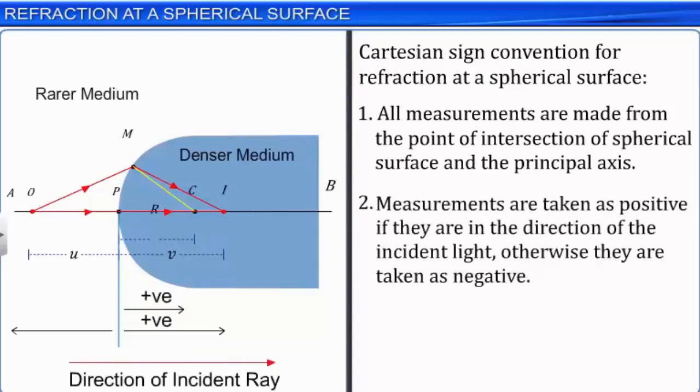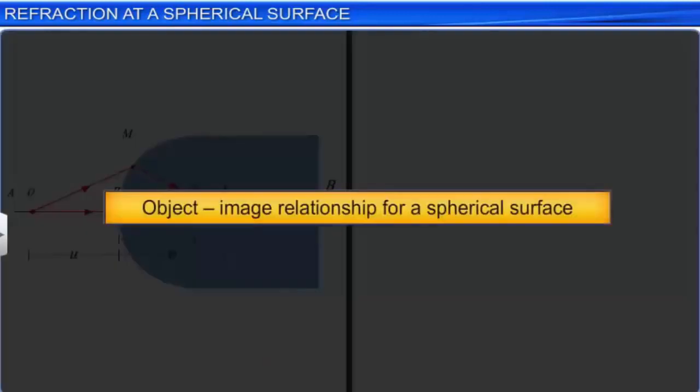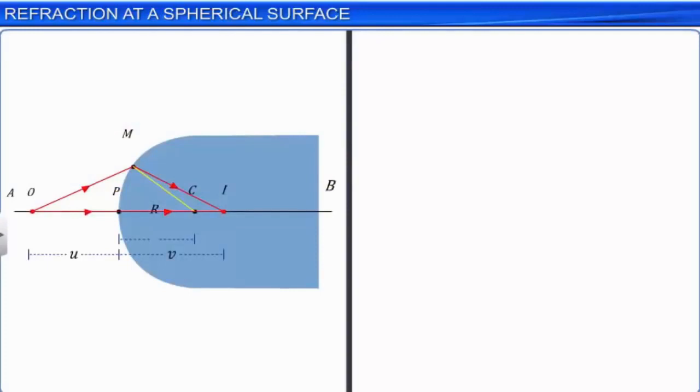Let us now derive an object, image relationship for a spherical surface. Let the refractive index of the rarer medium be N1 and the refractive index of the denser medium be N2. If the aperture of the spherical interface is small when compared to the object distance U and the image distance V, then the following approximations can be made. 1.